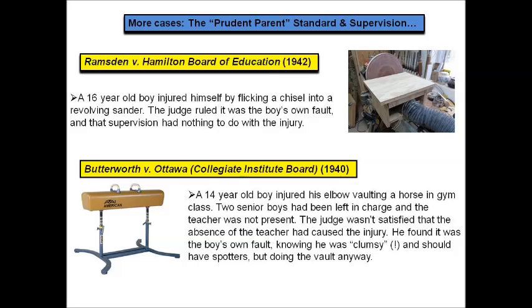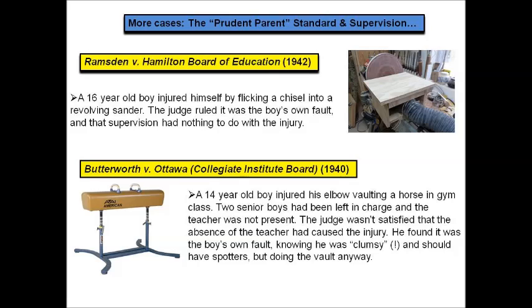But he found it was the boy's own fault, knowing he was clumsy and should have spotters, but doing the vault anyway. All right, so this is an interesting one, right? Here you have the judge saying, well, I can't see that necessarily the teacher not being there caused the injury.